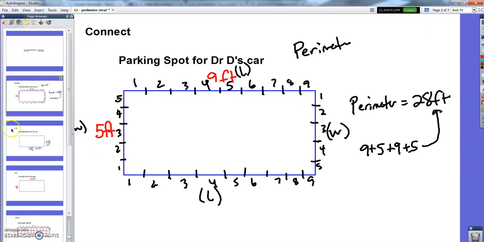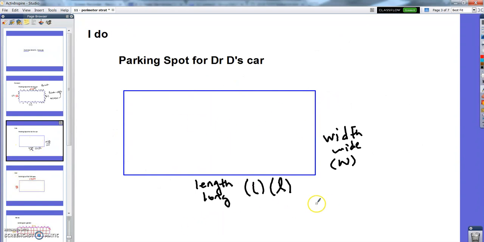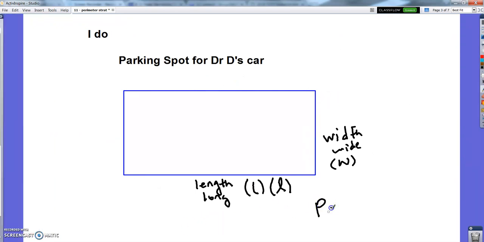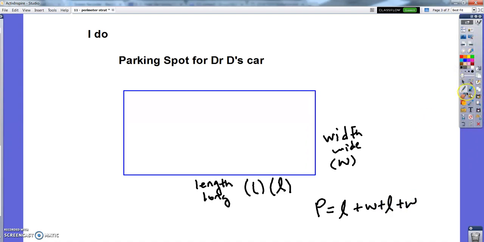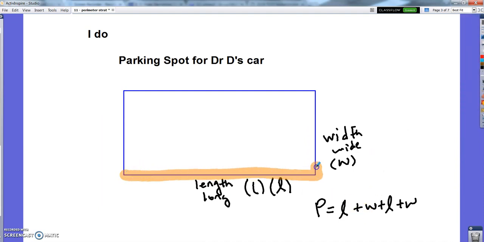Really, for any rectangle, even if you didn't know what the perimeter was, it has what's called a formula, which is that the perimeter equals the length plus the width plus the length plus the width. I'm adding up the length plus the width plus the length plus the width.